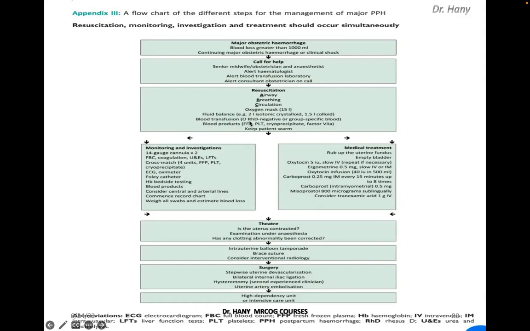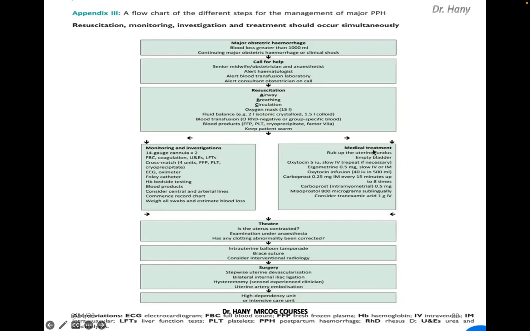Keep the patient warm and act simultaneously. Monitoring: 14 gauge cannula, full blood count, coagulation, 4 units cross-matching, the ultrasound, the Foley catheter, the bedside hemoglobin, and weigh the swabs and the recording, the scrub nurse is recording.